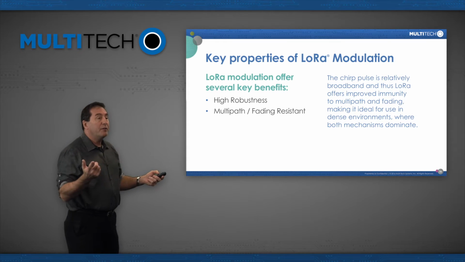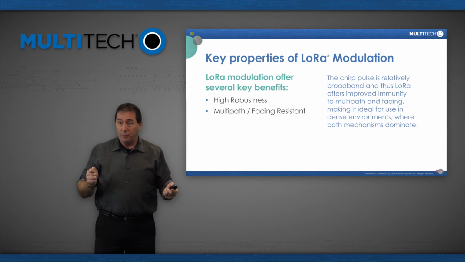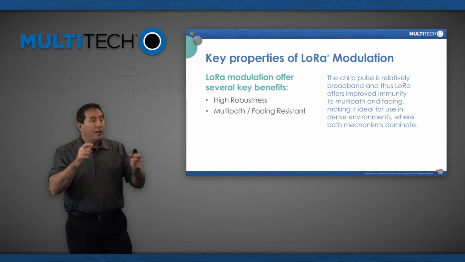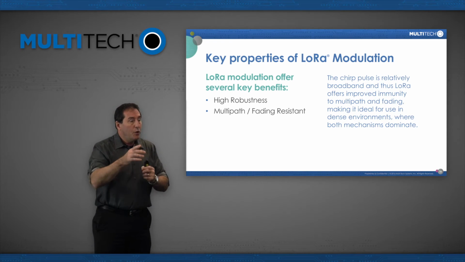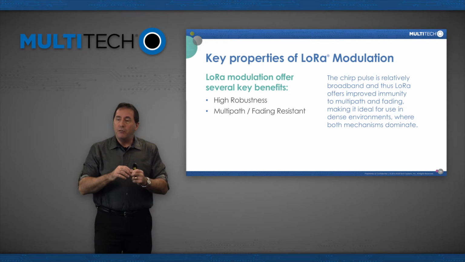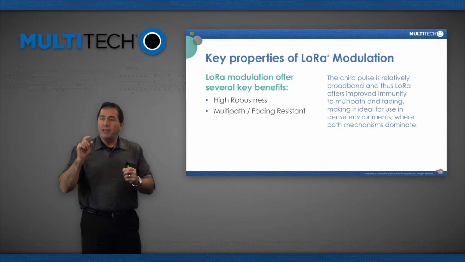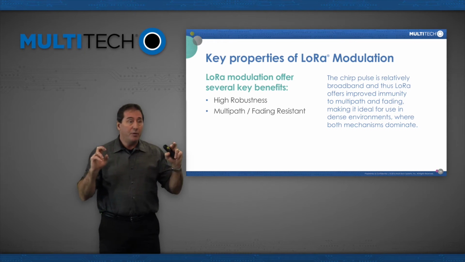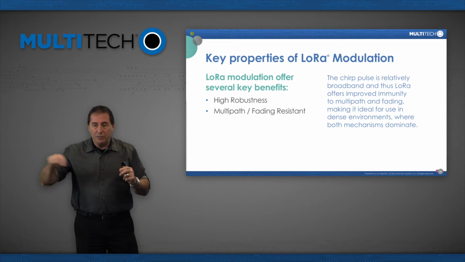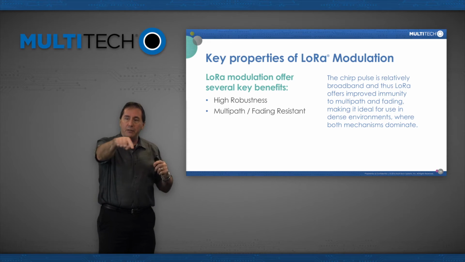And then multipath, you're all familiar with the multipath term. Multipath is when an endpoint sends out a signal, but because of other objects or reflections in the environment, the receiver will seem to get echoes, signals that take longer to get there.